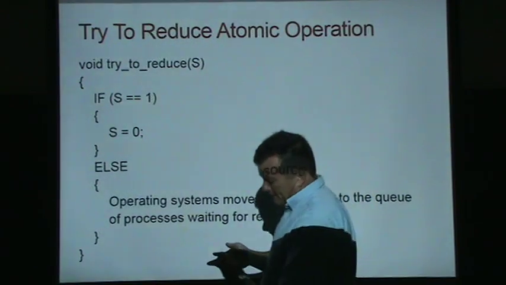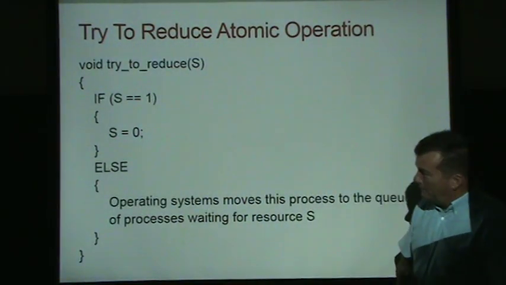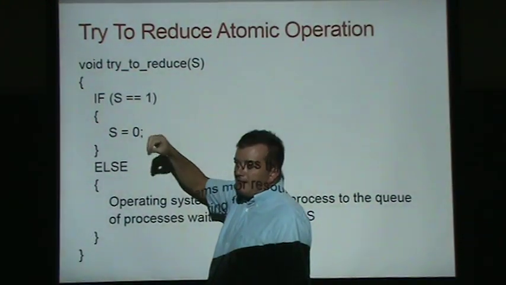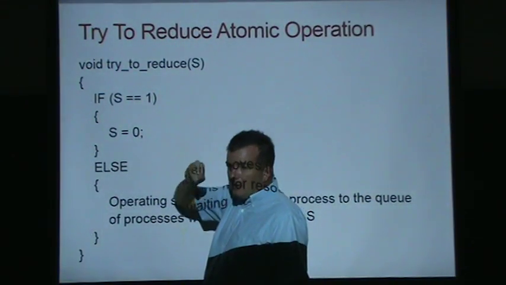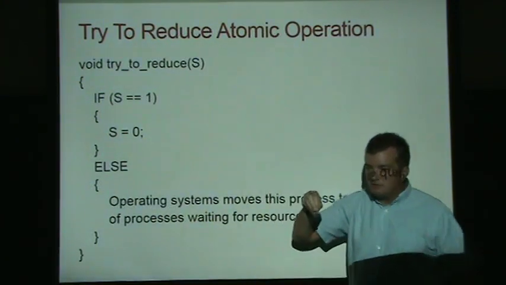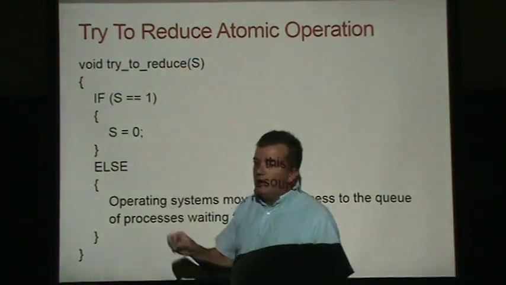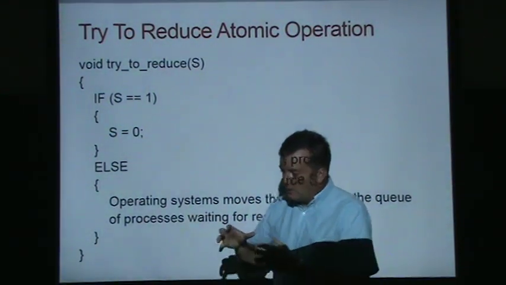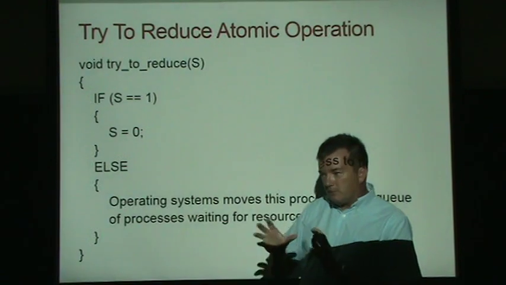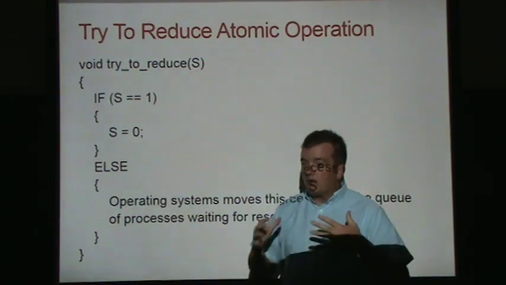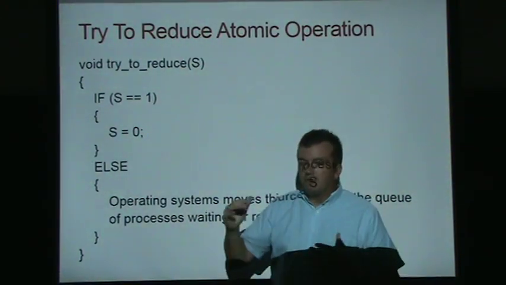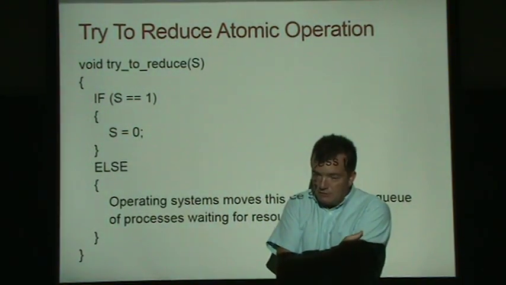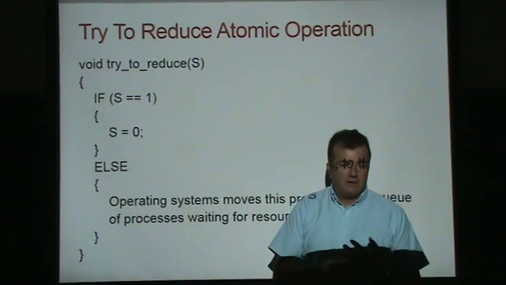The variable's value is S, and its value will be the count of how many of the resources that this variable is tied to are available. So let me give a concrete example. Suppose you want to access the printer because you want to print a document. So your program has to say, well, I'd like to print it, but if someone else has access to the printer, your program should get stuck, waiting for the printer to become available.